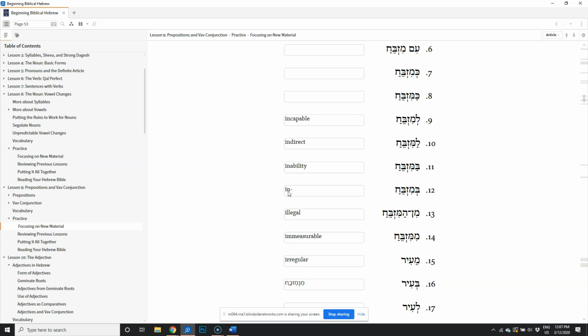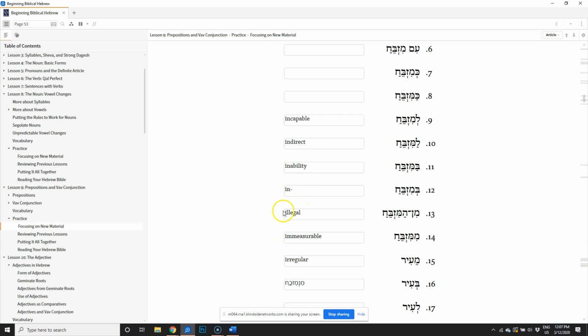Liquids are basically sounds that you can make that go on forever that are vocalized. So, L, W, R, these are all liquids. Nasals are sounds that are made through the nasal passage, so the M and the N.